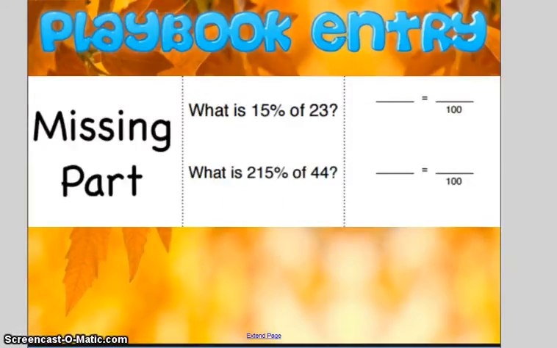So let's look at solving for missing part. We're going to look for how to solve what is 15% of 23. We're going to go ahead and build our percent proportion. When you watch the Math Antics video, it's not going to have you set up the percent proportion. It's going to have you solve by multiplying or dividing certain things.